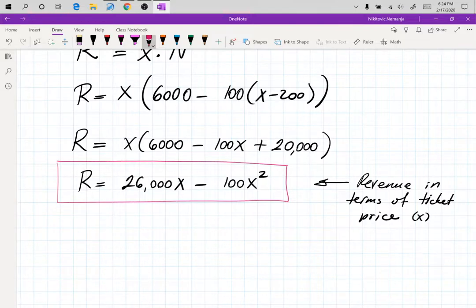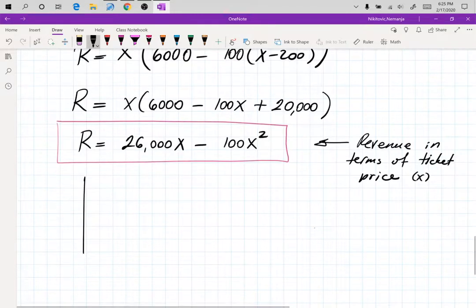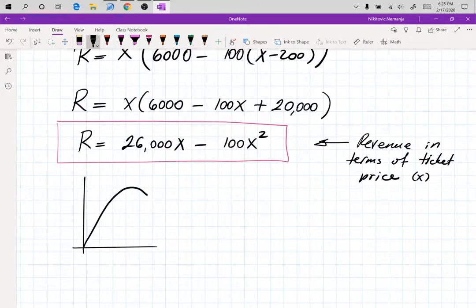When you graph this, you have to find where the peak of this is, where the highest point of this is, because that's the point at which you have the highest revenue. This graph, when you graph it on the calculator or use Desmos or whatever, we'll use Desmos, is going to look like this.